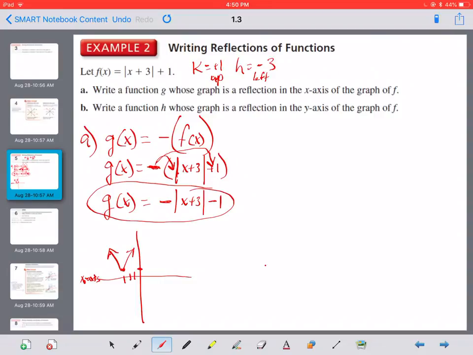If we reflect it in the x-axis, it's going to reflect down the same distance away. So if I'm 1 away from the mirror, I'd be 1 away on the other side, and I'm going to point this direction. I'm still at negative 3 for x. My h is still negative 3, but I've flipped over the x-axis, so now I'm down 1, and I'm pointing down. Remember, a tells you about points down if it's negative.